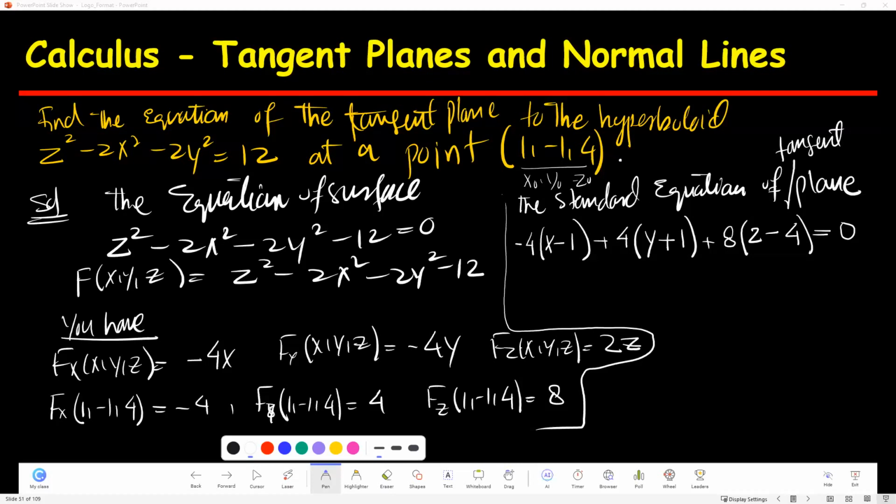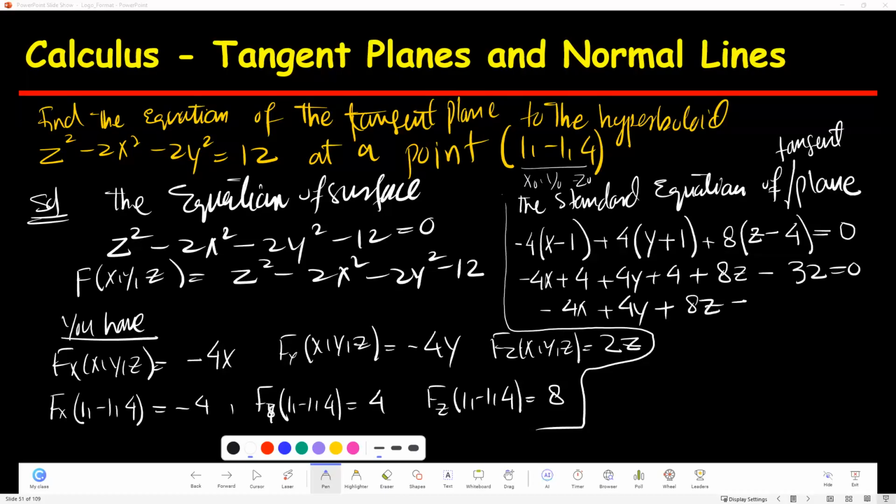My equation can be simplified further, so I'm going to keep moving forward and see if I can simplify. It's going to be 8z minus 32 equals 0. So I'm going to write all these variables first, with 32 with a minus sign, and then 4, and 4 is plus 8, minus 32 will be minus 24.